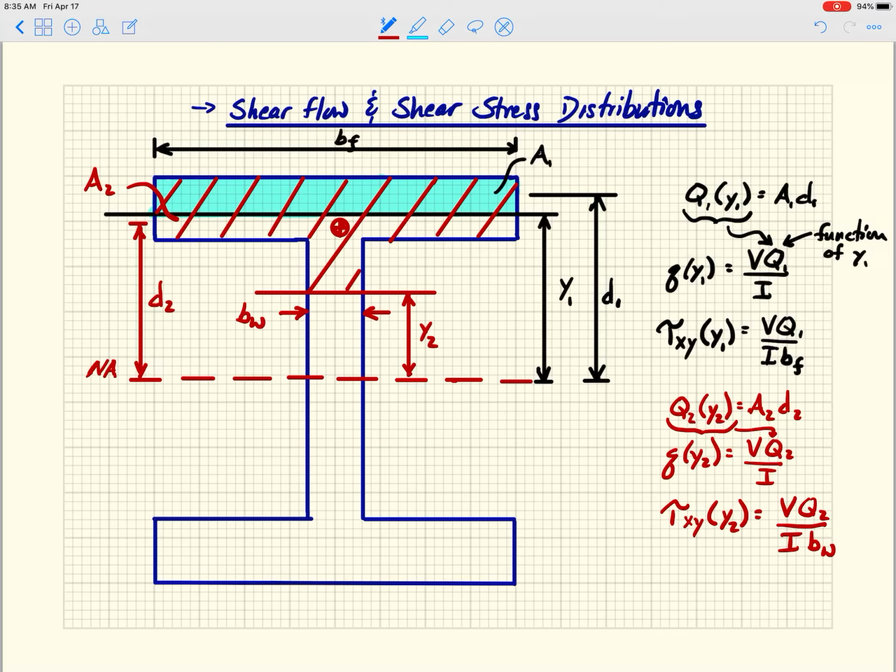Right? So now let's take a look at how we think these things are going to vary, right? The first thing I want you to notice is that there is a discontinuity at this location.